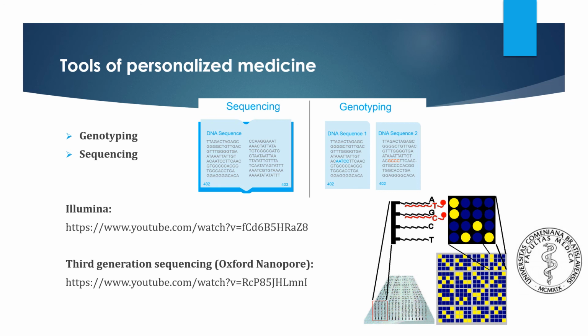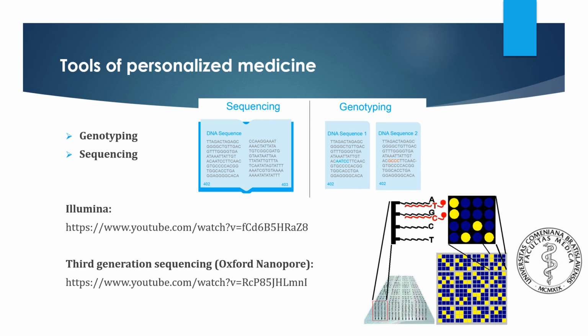And this has one major advantage: it is faster, it is cheaper, and there is no PCR bias, so there are no mistakes introduced via PCR amplification. I really can recommend those videos, they are very nice.